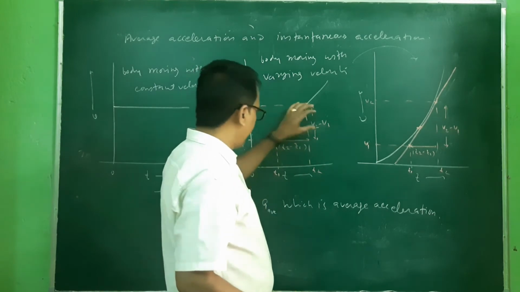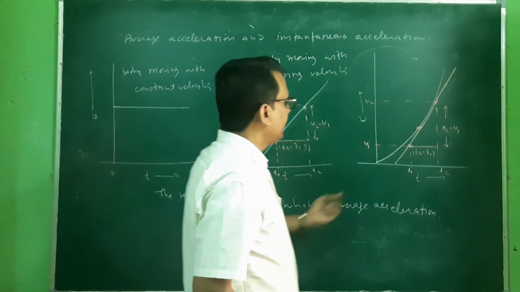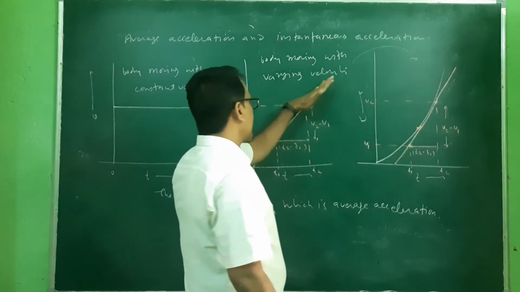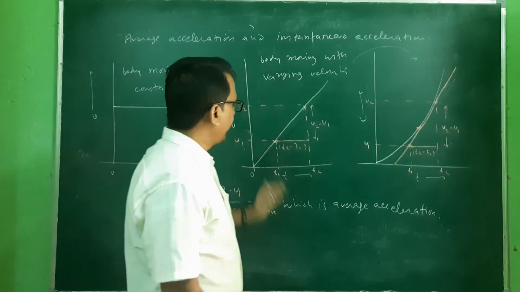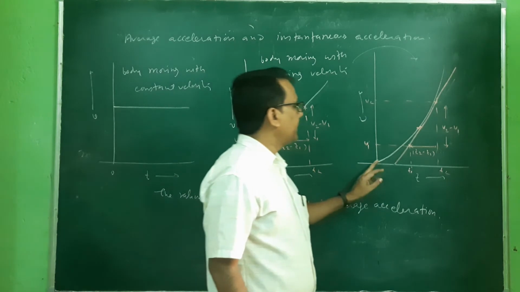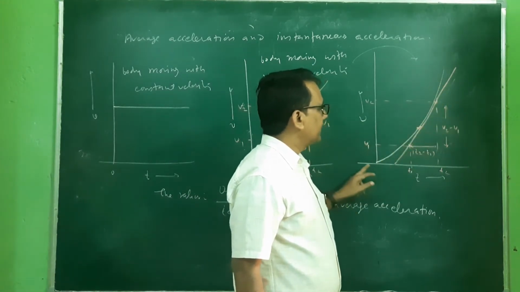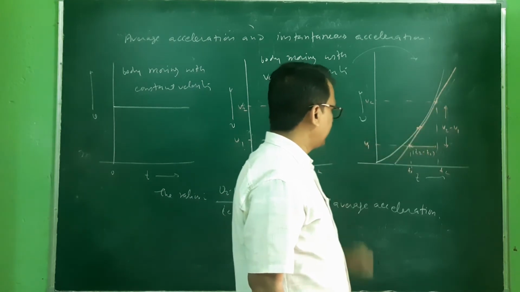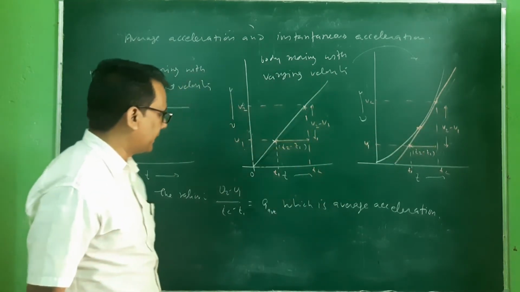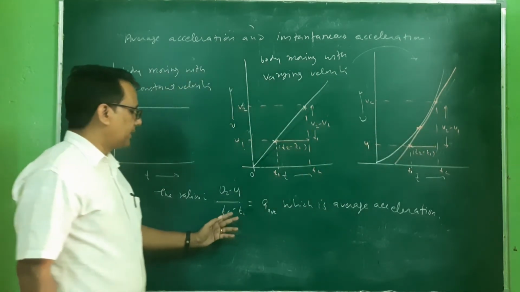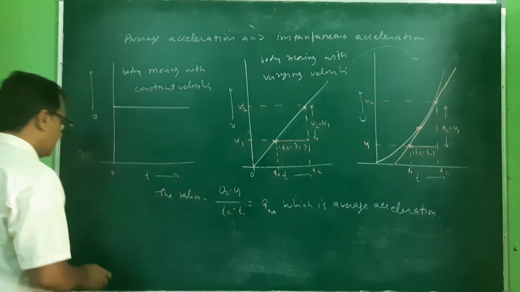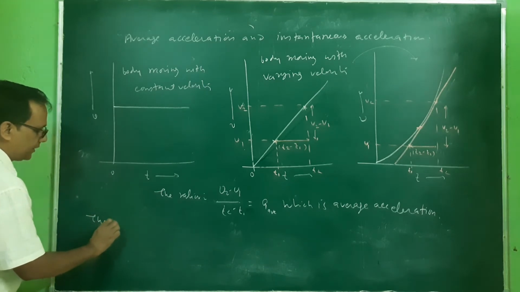So here also v2 minus v1 by t2 minus t1. If this is one straight line, then that variation is constant forever, but here this variation changes a little bit from point to point. So at a particular point we take one tangential line, and we can get v2 minus v1, and the ratio v2 minus v1 by t2 minus t1 is the average acceleration.